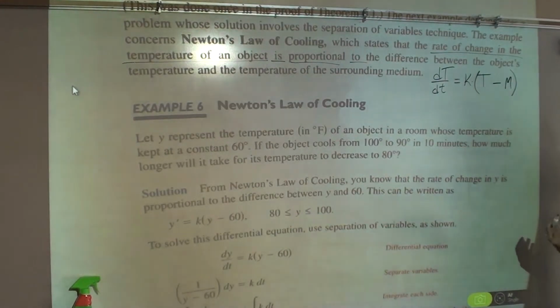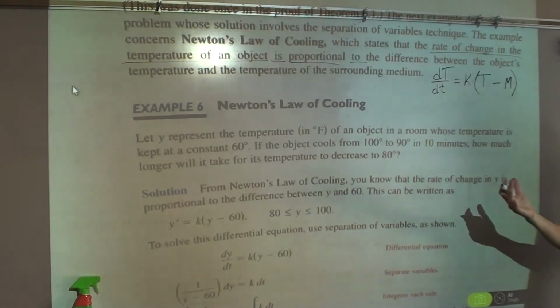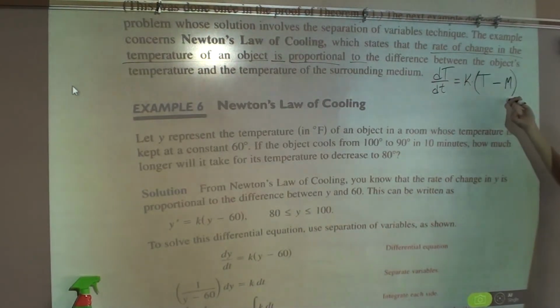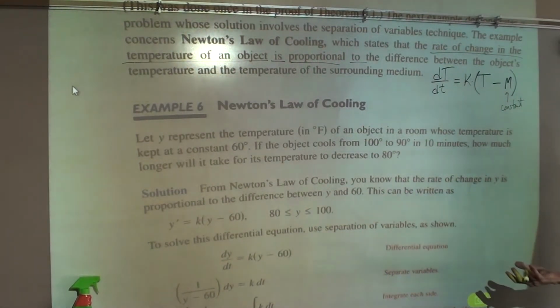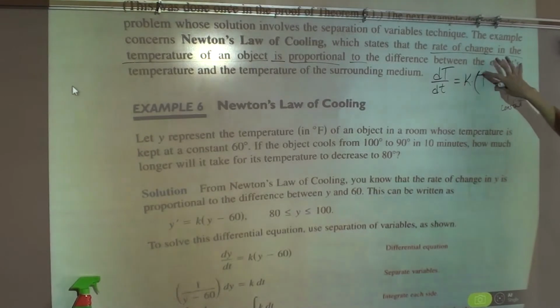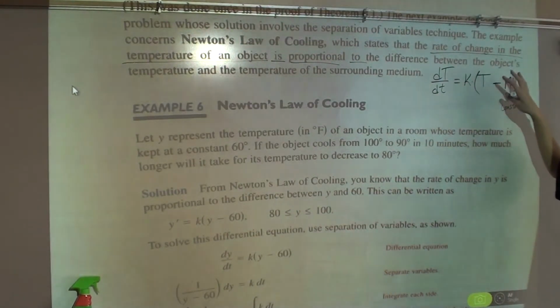Now the temperature of the surrounding medium, that's like your air temperature of the room or outside or wherever you are. That's a constant, right? So if the room's air temperature is 70, you can go ahead and just put a 70 in there. When you divide, you're going to have to divide by this quantity, T minus 70.